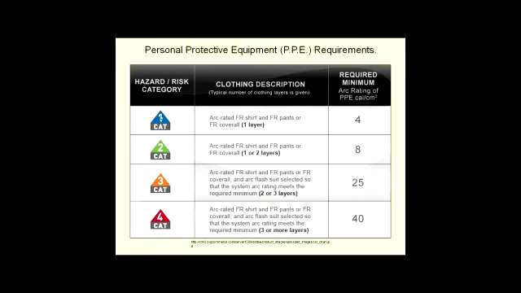So now hazard risk category number 1, we have covered that. Category 2: arc-rated flame-resistant shirt and flame-resistant pants and coverall, 1 or 2 layers, and it's supposed to withstand 8 calories per centimeter squared.